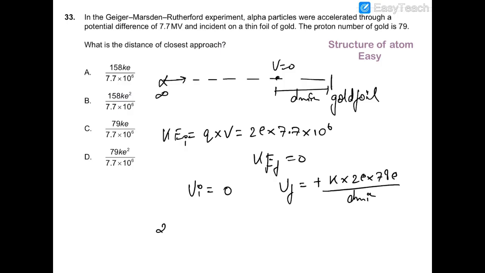Now we are equating the change in kinetic energy to the change in potential energy. So 2e into 7.7 into 10 raised to power 6 is equal to k into 2e into 79e by d minimum.